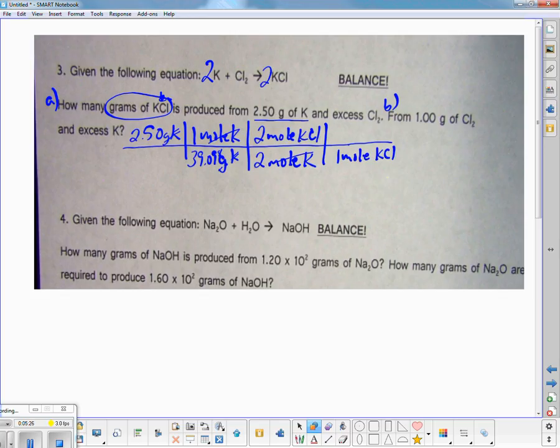What do we get? 74.551? Okay, at this point we can cross out moles. We can also cross out those 2's because 2 divided by 2 is 1. We can times the 2.5 times the 74 divided by our 39. And we have 3 significant figures, so let's give us an answer.